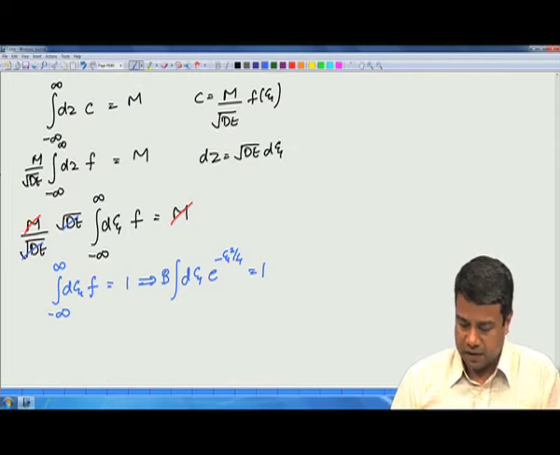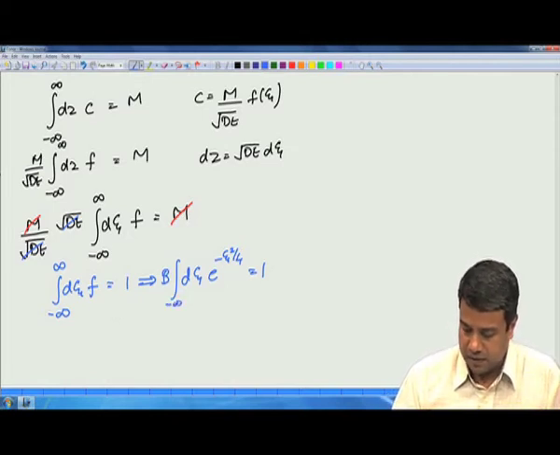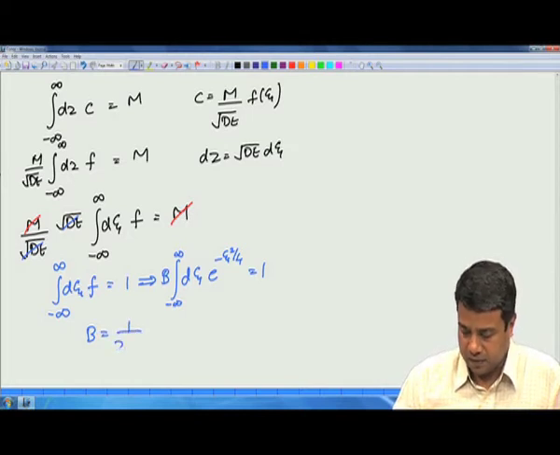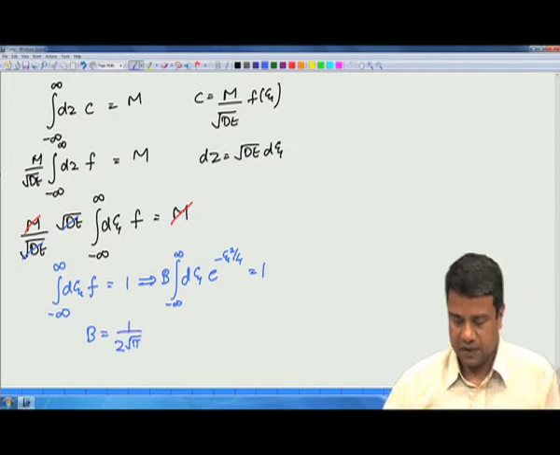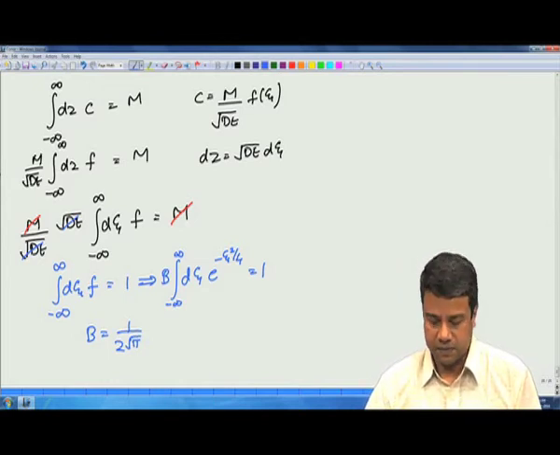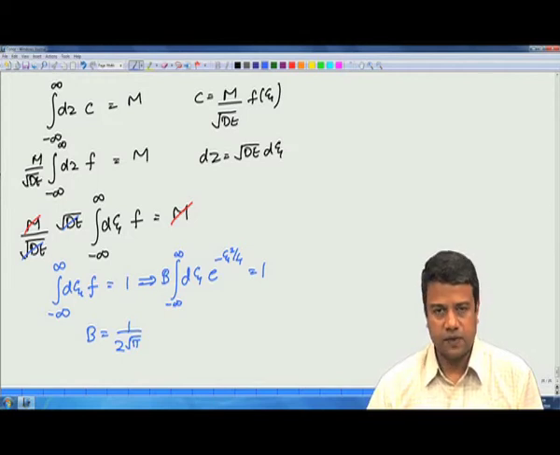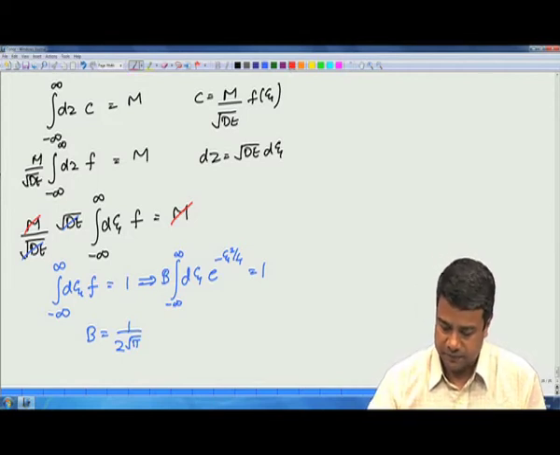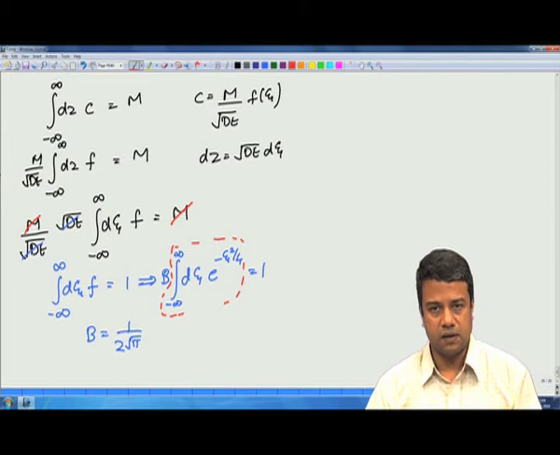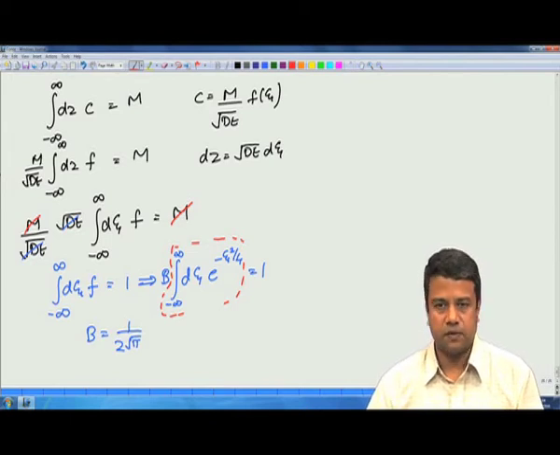From this you will find that b will be equal to 1 by 2 root pi, because the integral from minus infinity to infinity of this term is just equal to 2 times root pi. This is a Gaussian integral; if you do it numerically, you will find that it is equal to 2 times root pi.